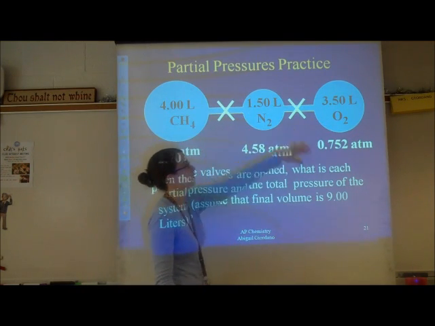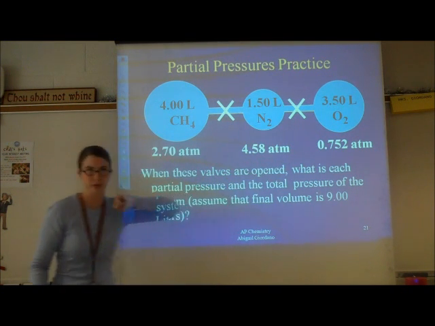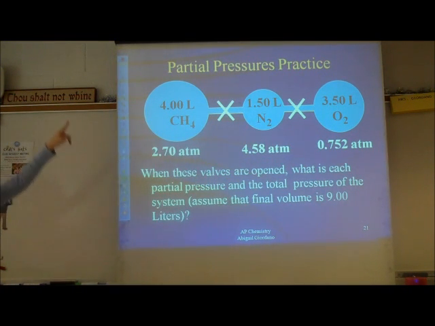They're containing 3 different gases at 3 different volumes. They each have their own partial pressure. The X's represent valves, which right now are closed. So right now, each individual gas has its own compartment.